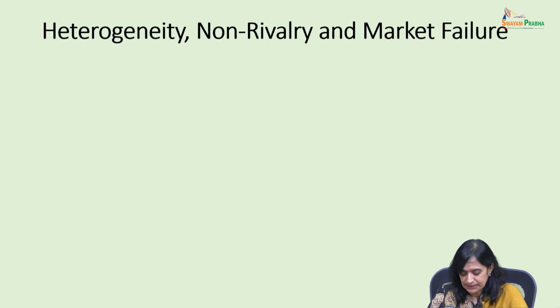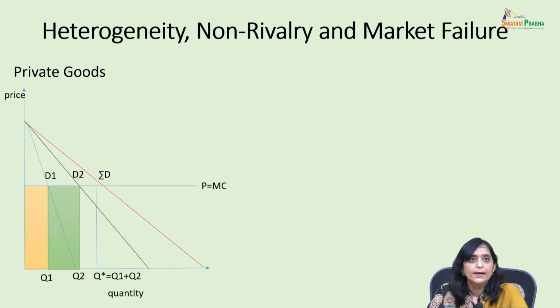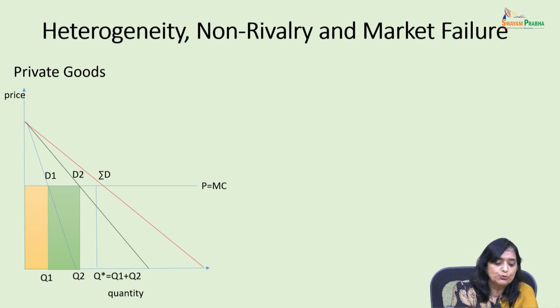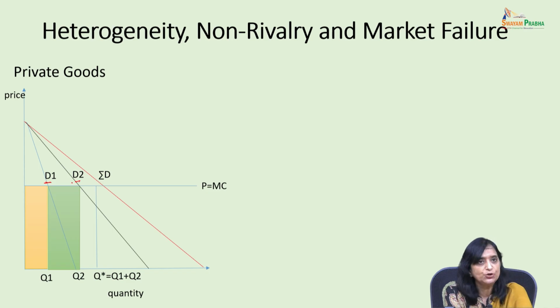Now, let us understand graphically the non-rivalry, heterogeneity of these goods and market failure. This again comes from the derivation of the aggregate demand curve, which we have done for both private goods and public goods. First, we will understand how the quantity is determined in the case of a private good. Let us say we have two individuals, 1 and 2, with demand curves D1 and D2.